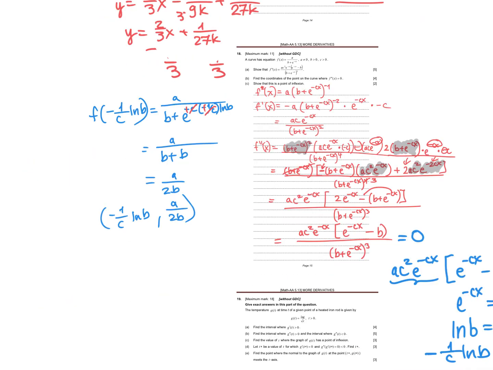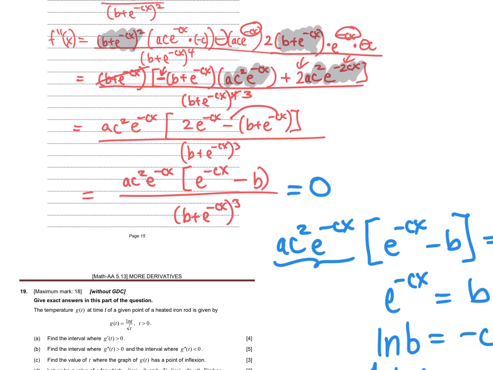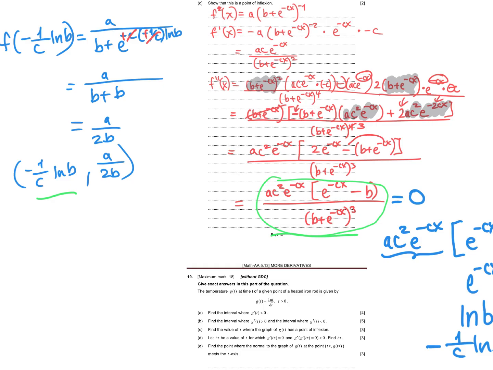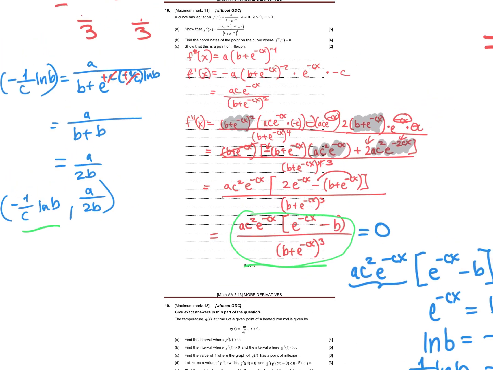Now, if we want to show that this is a point of inflection, if you look back over here at the second derivative, if this is a point of inflection at that x, our second derivative needs to change sign, okay? So it needs to change from negative to positive or positive to negative on either side of negative 1 over c natural log b.